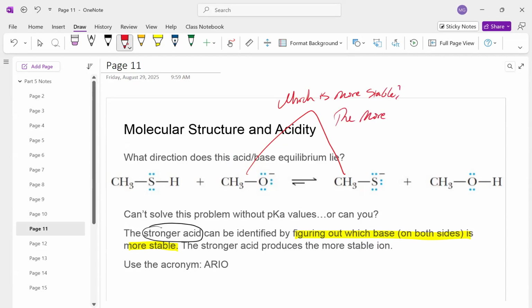The more stable ion comes from the stronger acid. And that kind of makes sense because again, we're talking about stability here. The reaction wants to proceed in the direction that leads to the more stable product. So the more stable ion is going to come from the acid that wants to deprotonate more.